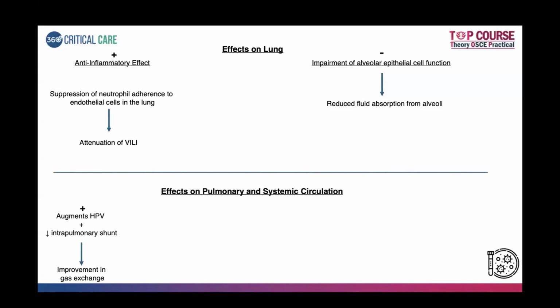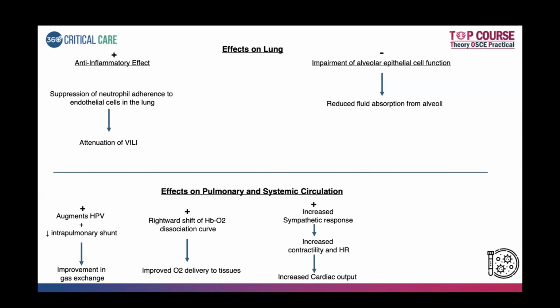With regards to the effects on the circulation, that is pulmonary and systemic, on the positive side, it helps to augment the hypoxic pulmonary vasoconstriction, plus it helps in decreasing the intrapulmonary shunt, thereby improving gas exchange. It creates a rightward shift of the oxygen hemoglobin dissociation curve, thereby improving oxygen delivery to the tissues.